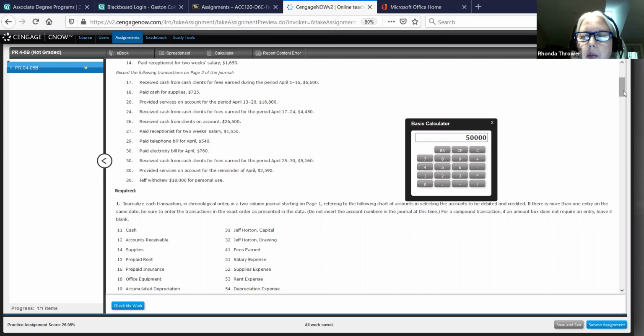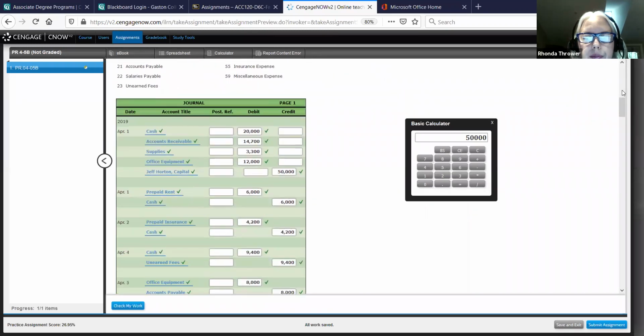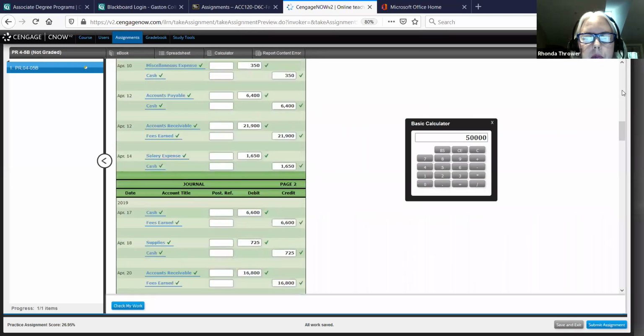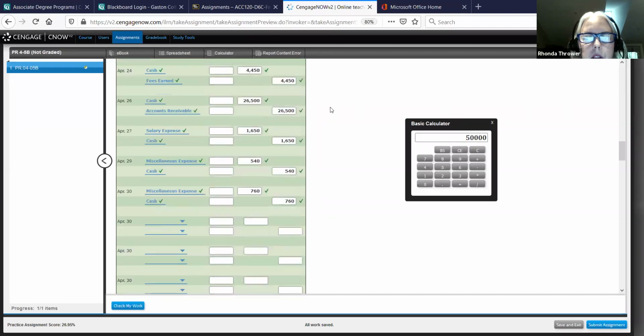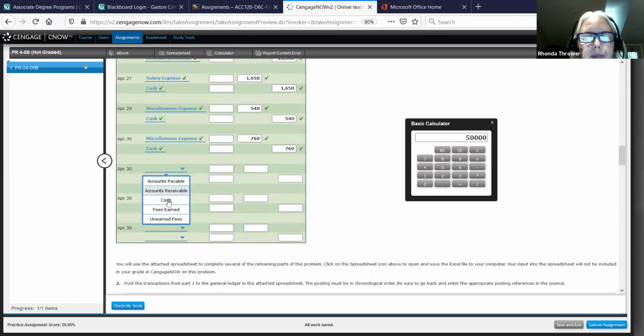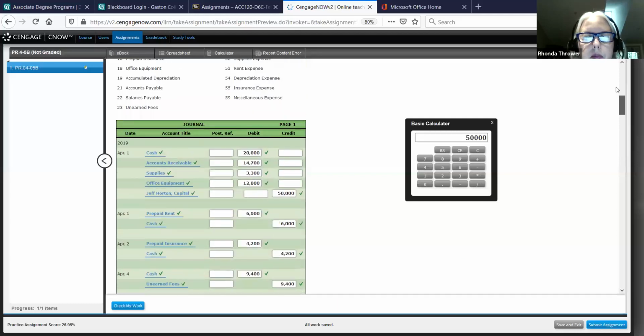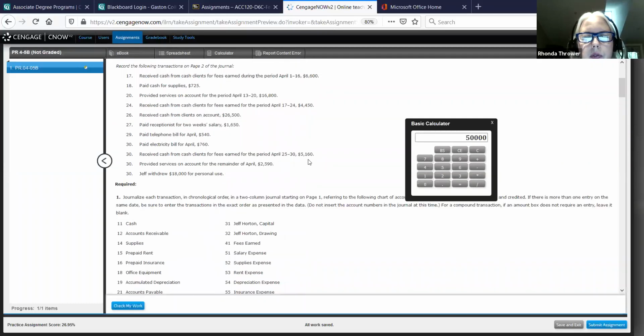So we have some cash fees here. So we're going to debit cash and credit fees earned, and the amount was $51.60.